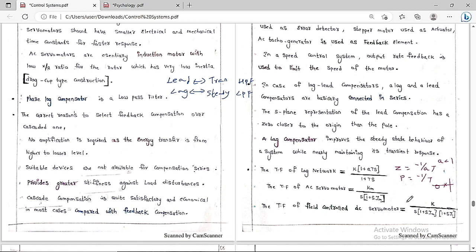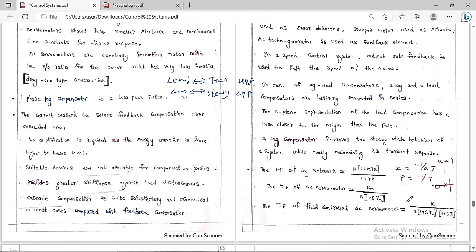For a servo motor, the type of the system is 1, whereas the order of the system is 2, as you can see clearly from this transfer function. So for a servo motor, type is equal to 1 and order is equal to 2. This is the transfer function of an AC servo motor.